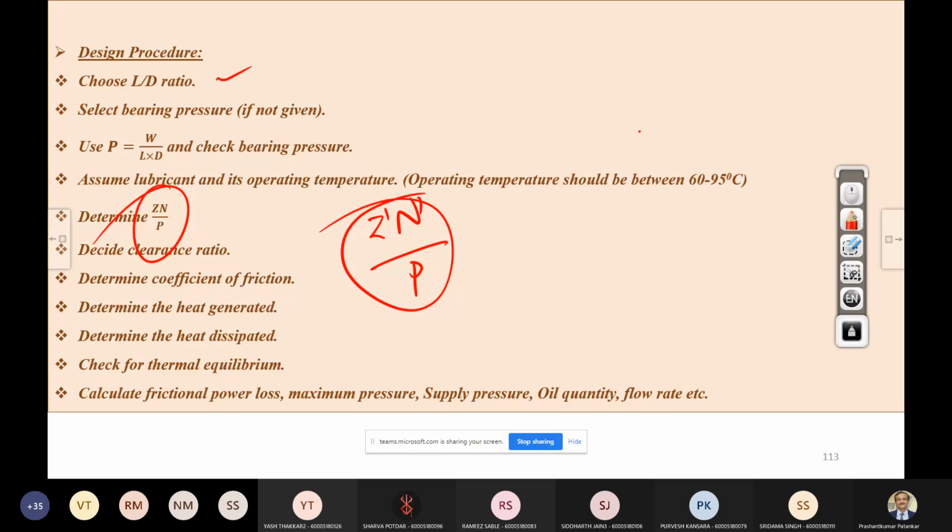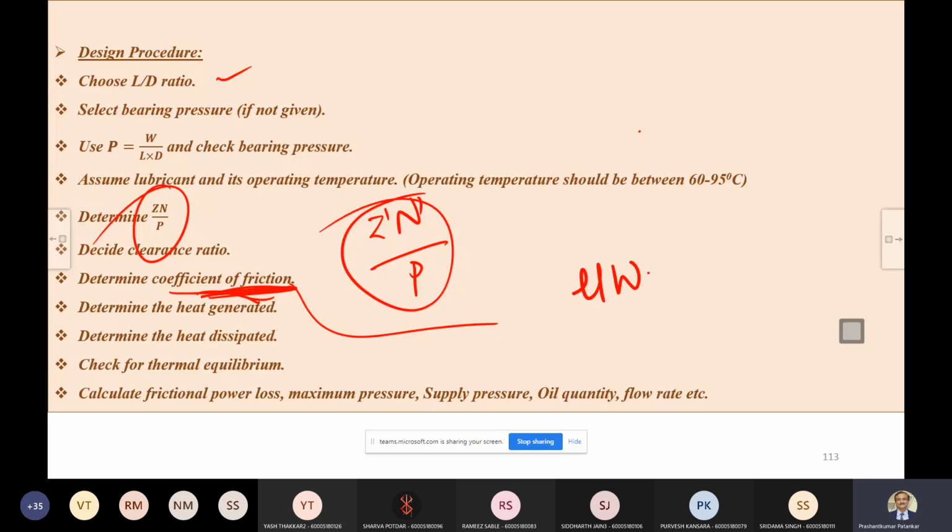Then we are going to calculate the clearance ratio. Then, based on Petrov's equation, you are going to calculate the coefficient of friction. Once the coefficient of friction is known to you, then mu into W into V is nothing but your heat generated.